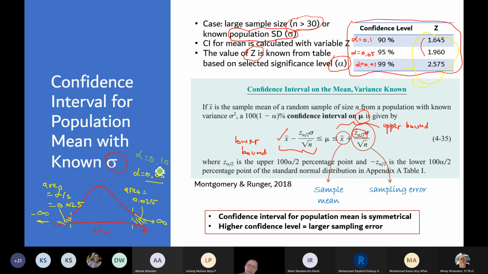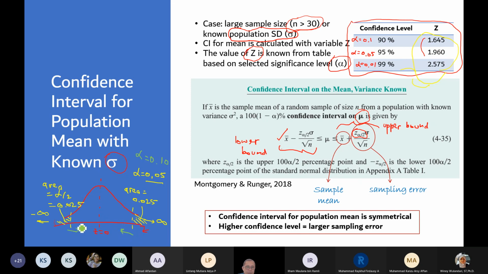Let's say that we want to work with alpha of 10%. It means that each area will be 5%. So in order for the area to be increased, the limit of the integration has to move inwards.